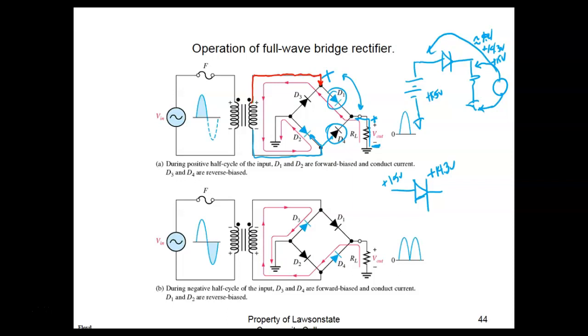Because if I measured a negative on the cathode and a positive on the anode, that means the diode is probably about a 99% chance that it's open. So you should never measure that.